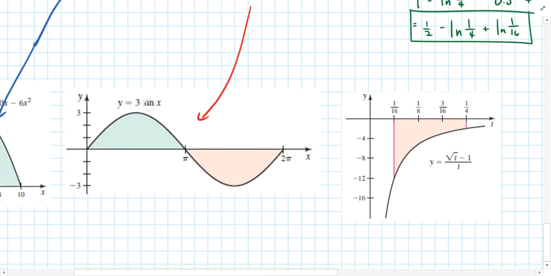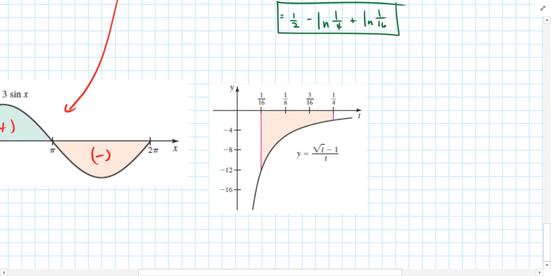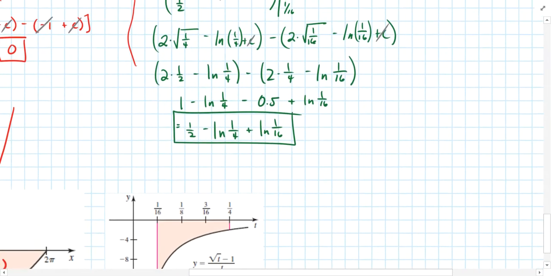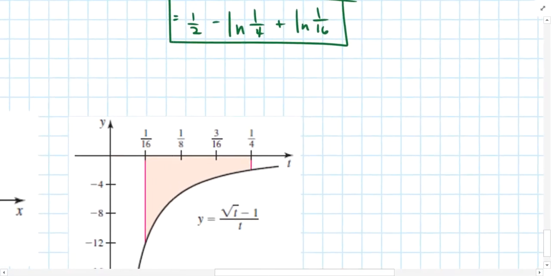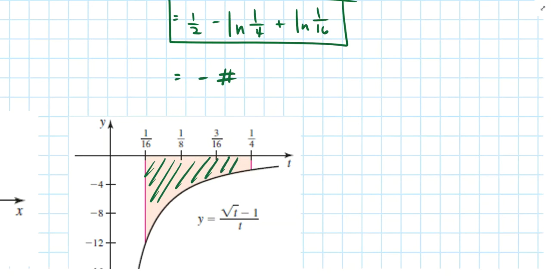Well, here's a graph of that sine wave between 0 and 2 pi, and sure enough, we've got a positive and a negative component. Those two are equivalent in size, so the net area is 0. And then lastly down here, now this is one we didn't finish computing, but the exact result I predict is this value, and it kind of looks like that this result should be a negative number. And I'm guessing that it's negative because according to this graph, the entire area is below the curve.